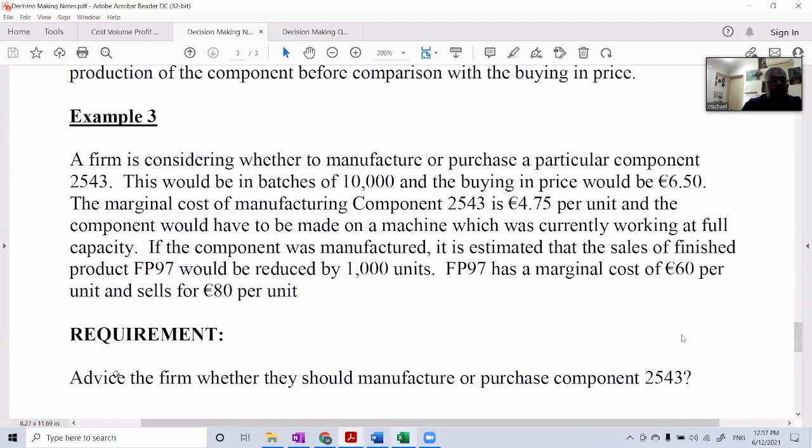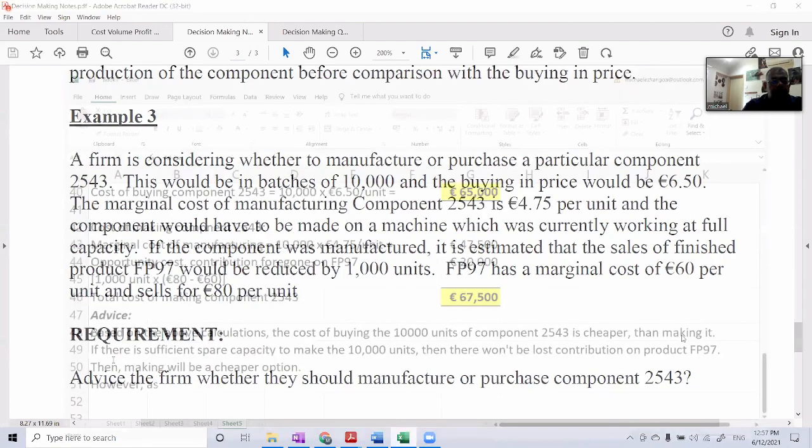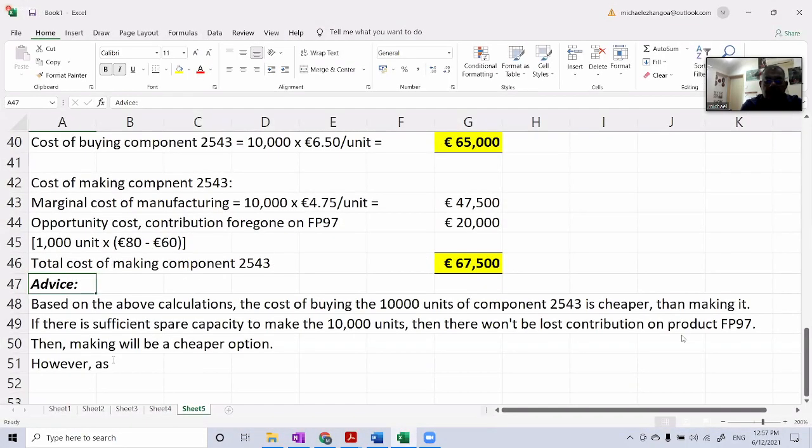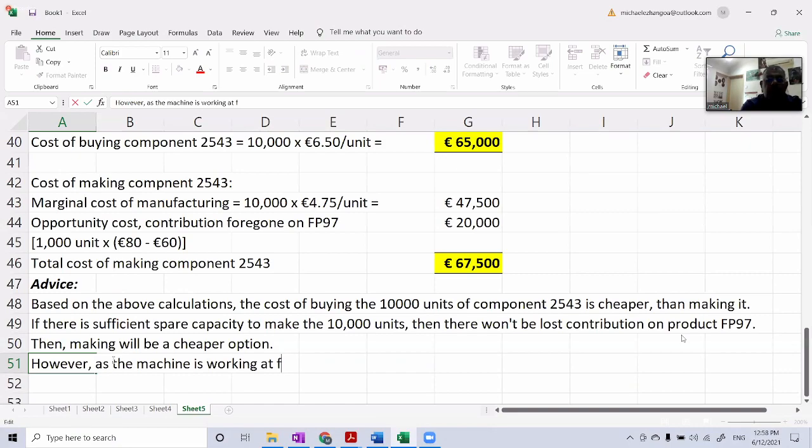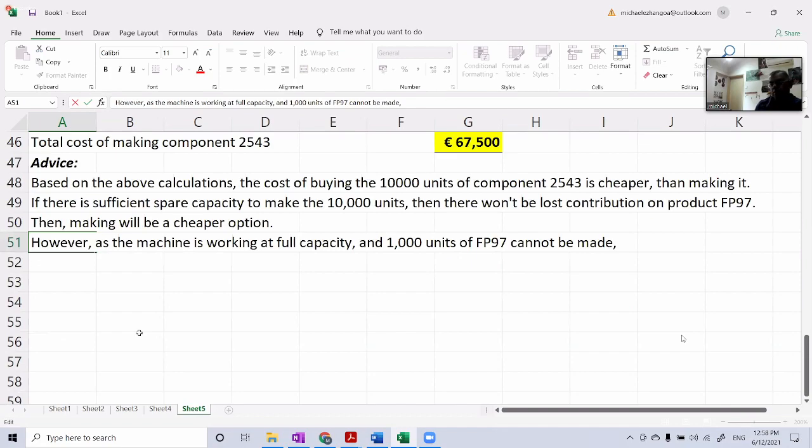However, as the machine is working at full capacity, 1,000 units of FP97 cannot be made. 1,000 units of FP97 cannot be made.